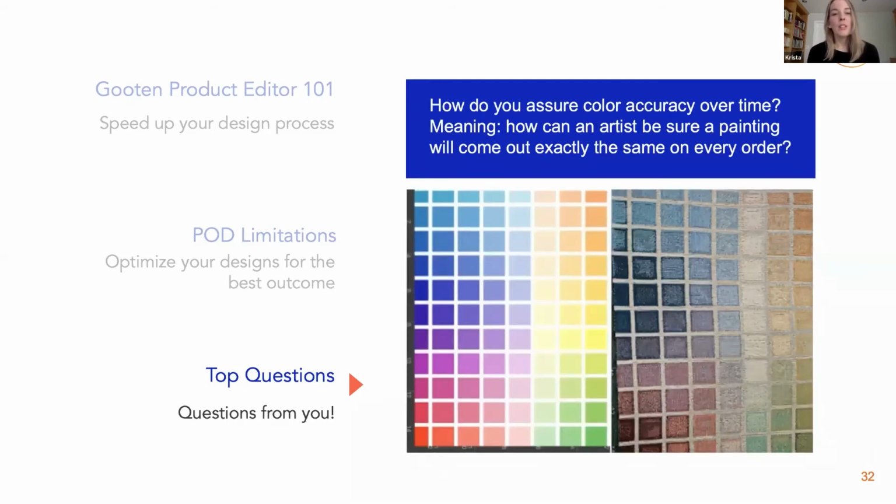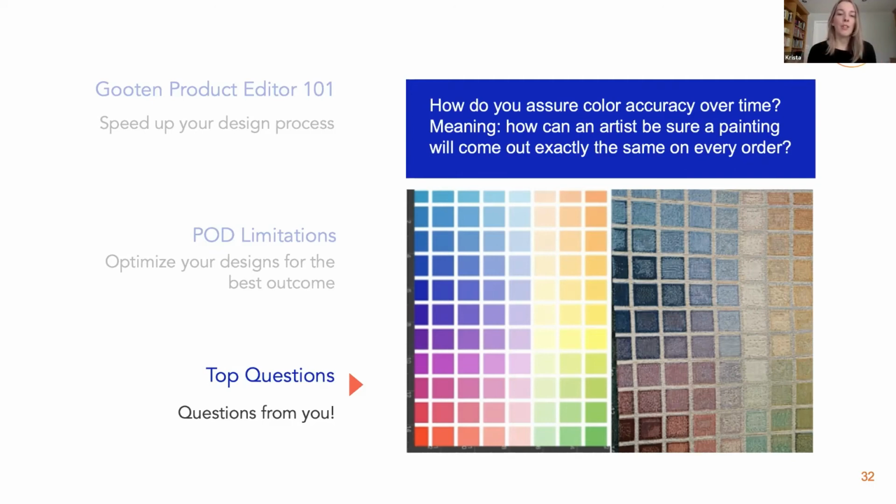Okay, so we talked a little bit about color, but this one specifically: how do you assure color accuracy over time? Meaning, how can an artist be sure a painting will come out exactly the same on every order? This is a tricky one and is kind of a limitation of print on demand, where you're not printing something in bulk.